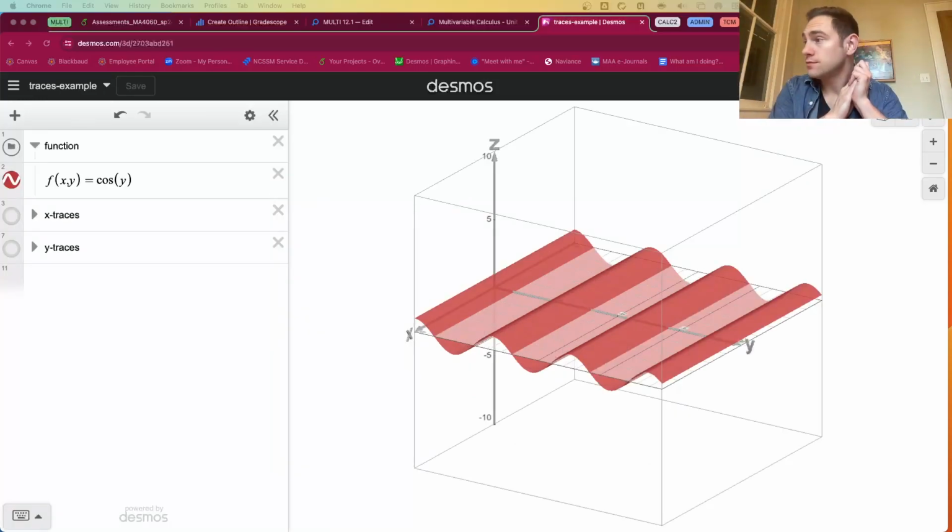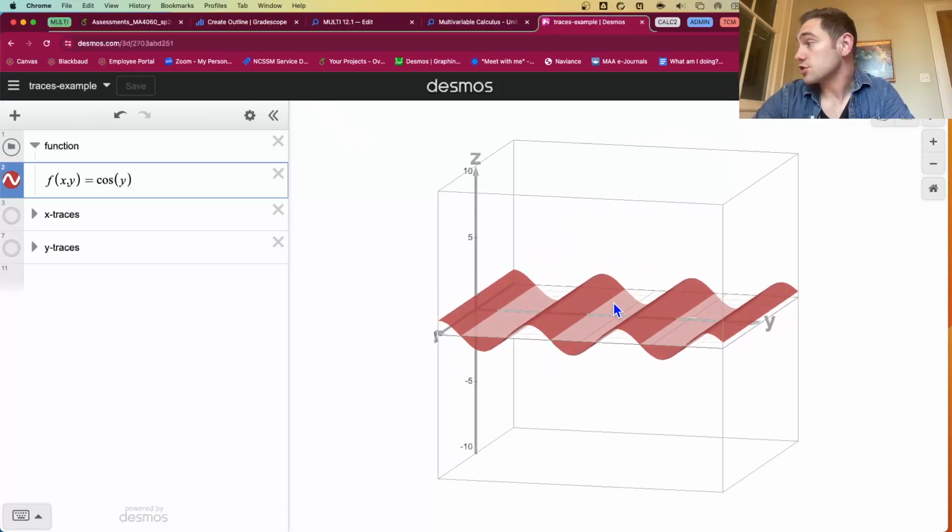Okay, so we can see now that this is the surface z, which I'm now giving the name f of x, y. f of x, y equals cosine of y. So I have a cylinder. This is a weird sinusoidal cylinder. We can see here, of course, that the x-coordinate does not appear in the equation at all.